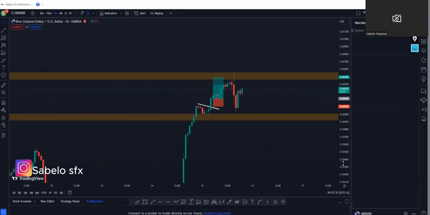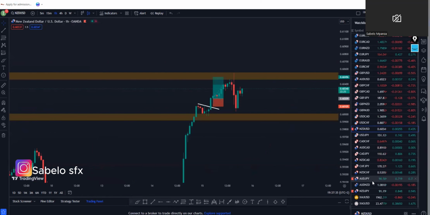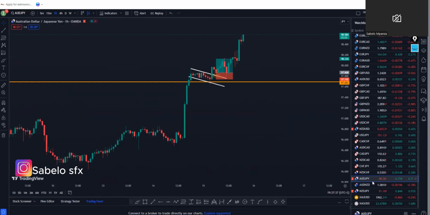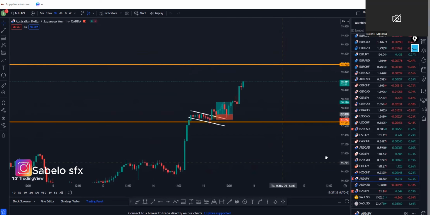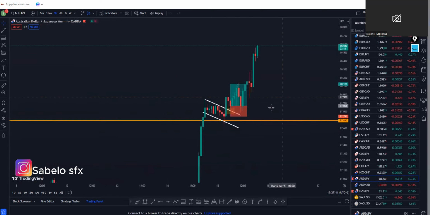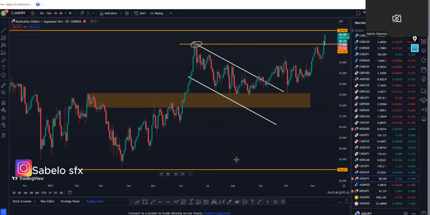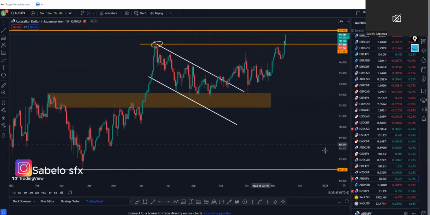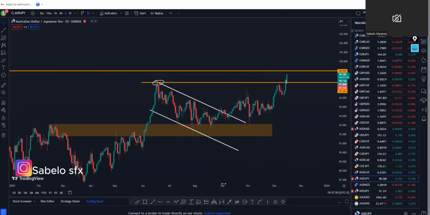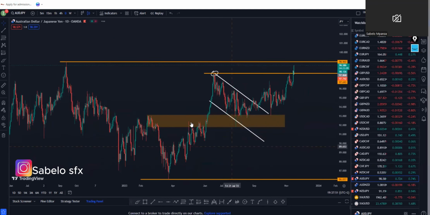So maybe let's move on to another one, which was AUD JPY. This one is even moving, even now. So I started on a daily time frame. You mark all your key zones.